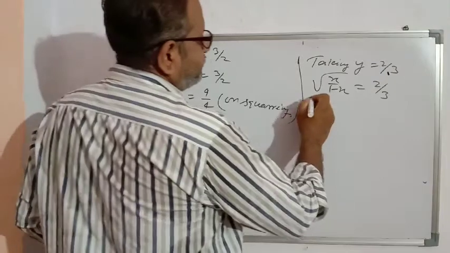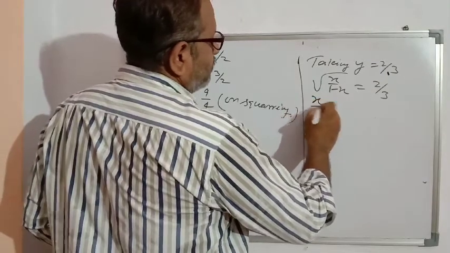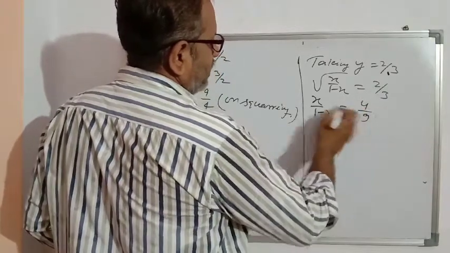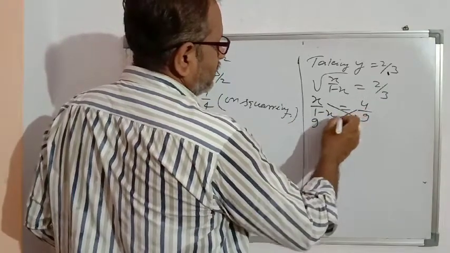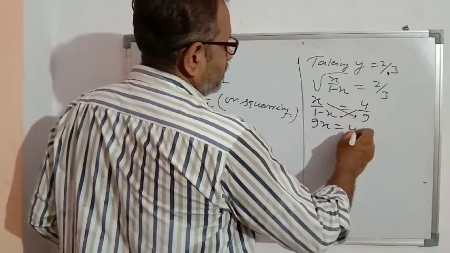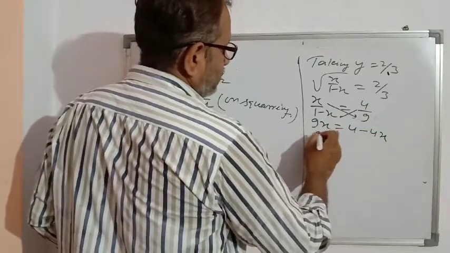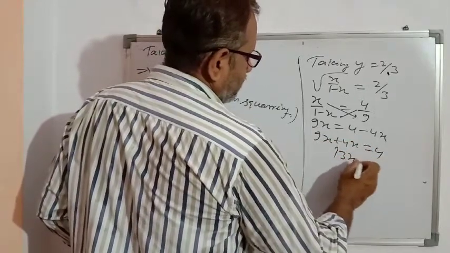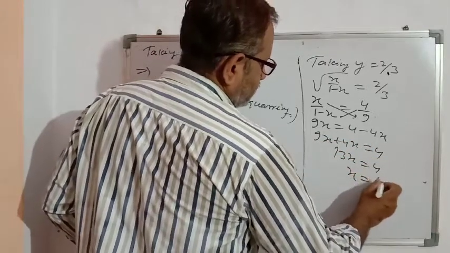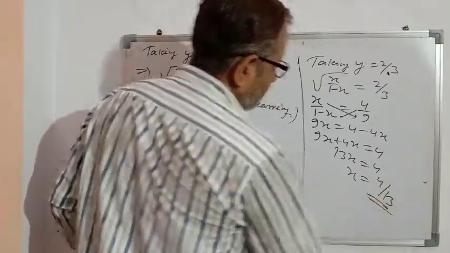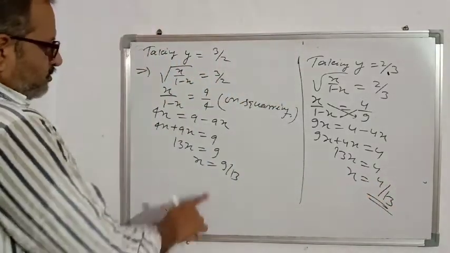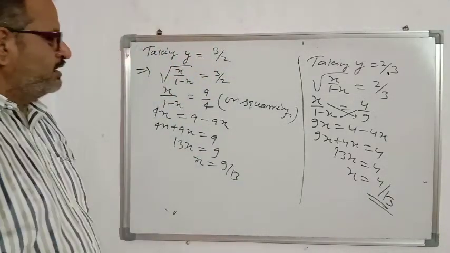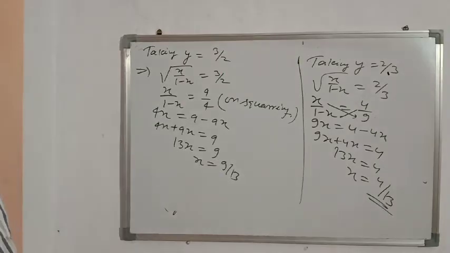Again squaring, we get x upon 1 minus x is 2 square 4, 3 square 9. Cross multiply: 9x is equal to 4 minus 4x. 9x plus 4x is equal to 4. 13x is equal to 4. x is equal to 4 by 13. So one value is 9 by 13, other value is 4 by 13. It was question number 11.